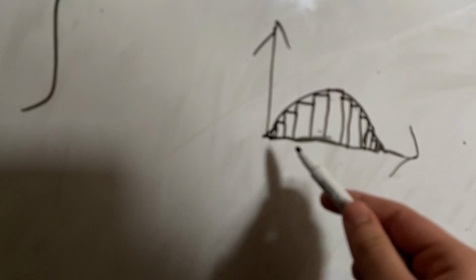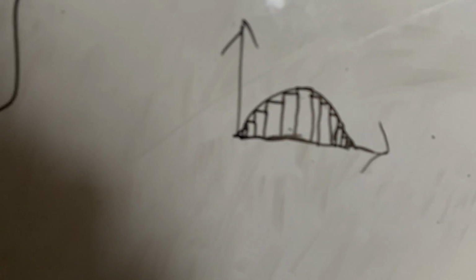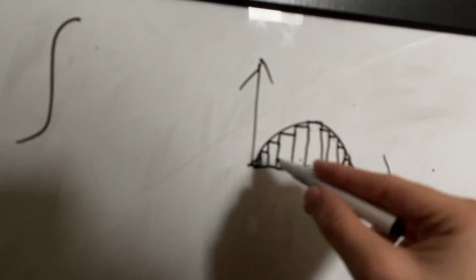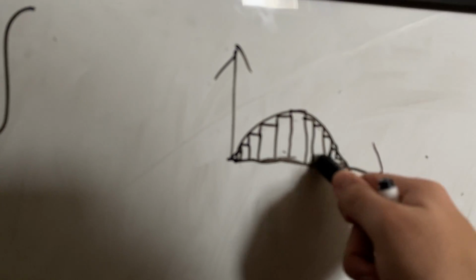Because what we're doing here is taking the area of every single one of these rectangles and adding them all up, and that is going to be very close to the total area under this curve. If we want to get closer and closer, we make thinner and thinner rectangles.